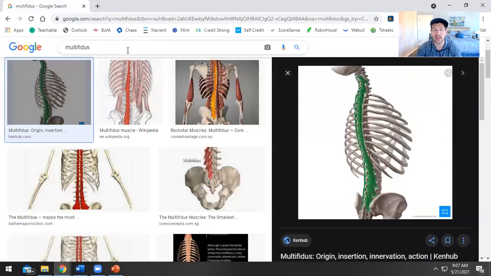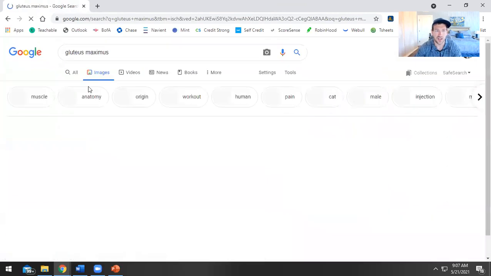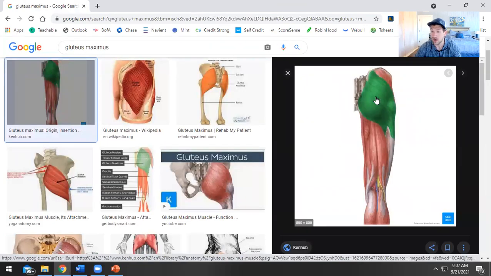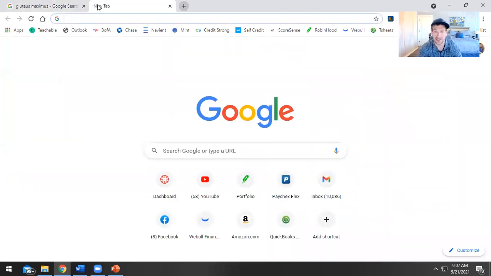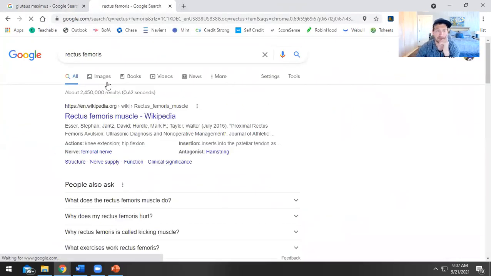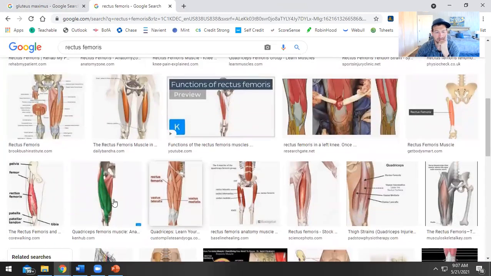But let's take a look at the glutes, right? Let's say your gluteus maximus, which is this huge glute muscle back here. It's being inhibited, right? You are trying to do a squat. This muscle is trying to do that hip extension in the squat, but it's just not able to because, let's say, your rectus femoris, the antagonist, this is a hip flexor muscle, won't stop contracting.